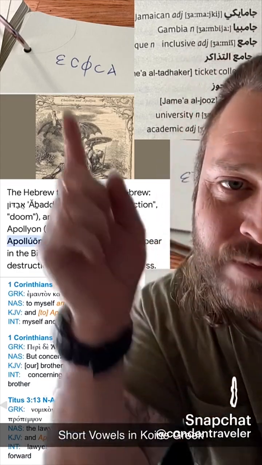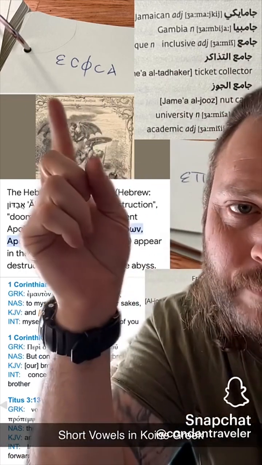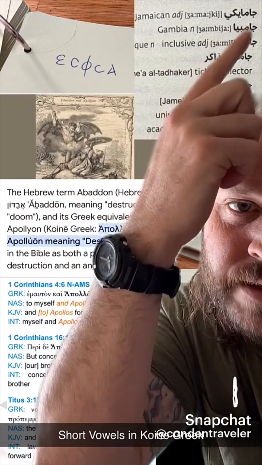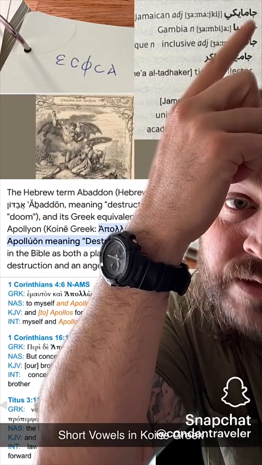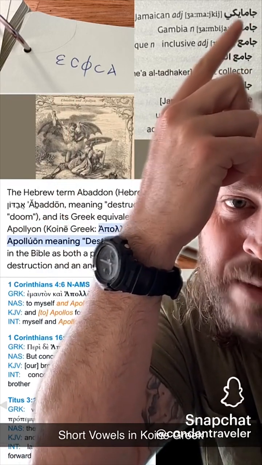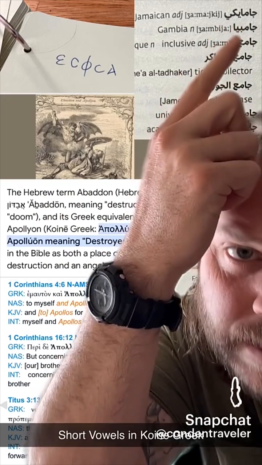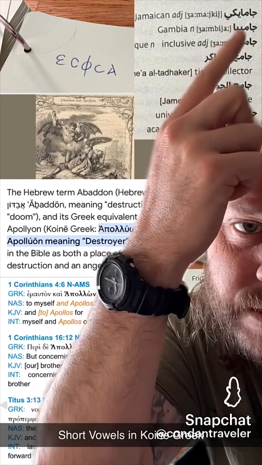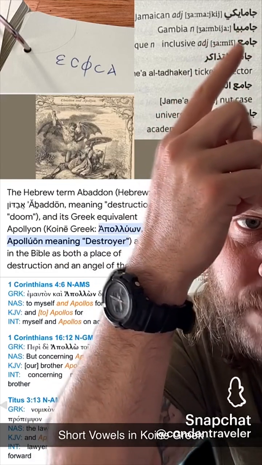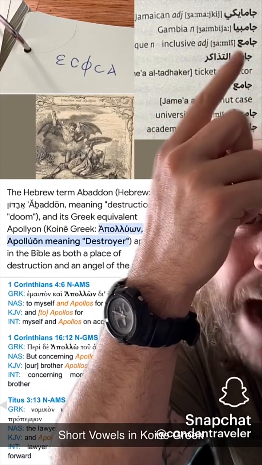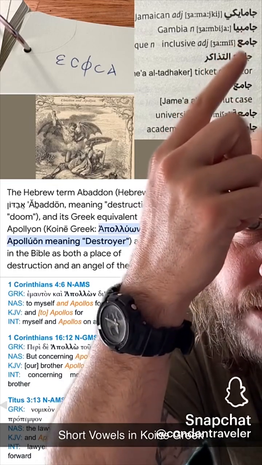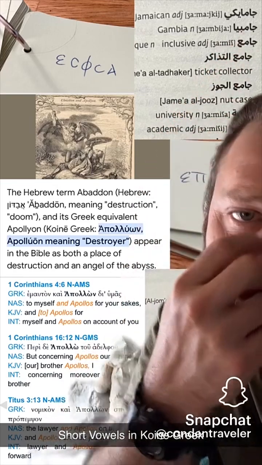But this one's a good example: esafasa. So how would you say this? It looks like Jamaiki. I can't see it completely. But it's Gamaiki because it's Egyptian. There's Gambia, that's easy. Gamma, but it depends on whether it's under or above, and clearly it's under there.